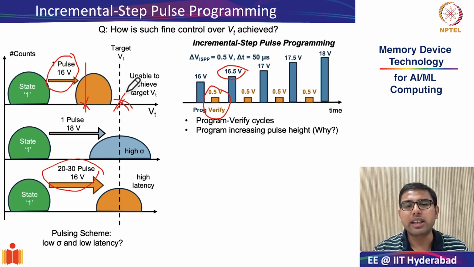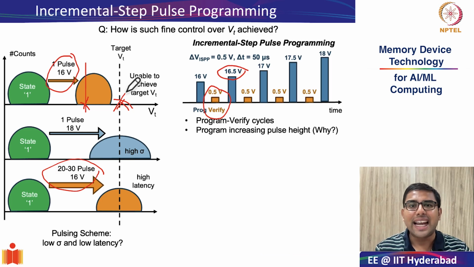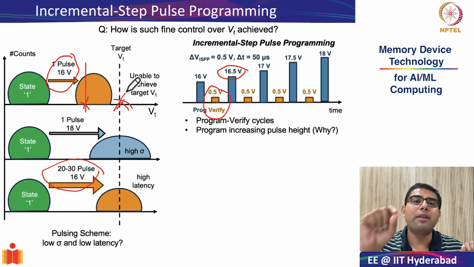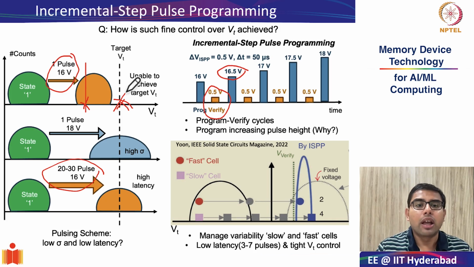Similar is the case even for a floating gate transistor. There it was the elasticity. Here it is the Coulombic repulsions between electrons which are confined into a small space. So initially it is very easy to put the electrons into the floating gate, but to reach the target voltage you have to keep applying incremental steps of more and more amplitude. Okay, and this is what we see when we apply incremental step pulsing.